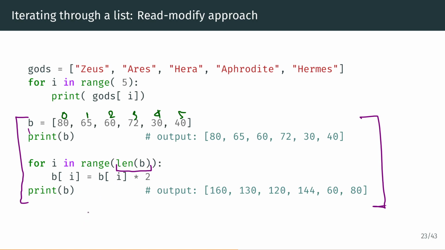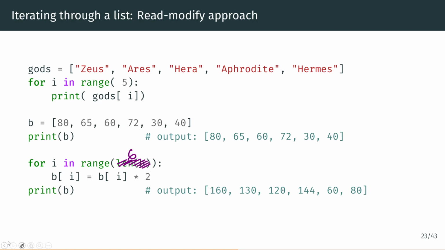So what happens here essentially is length of B is replaced by whatever the length of B is, and the length of B, we know, is 6. So this changes to 6. Okay, so for I in range 6, Bi equals Bi times 2. So when I equals 0, B0 equals B0 times 2, and this is B0, right?